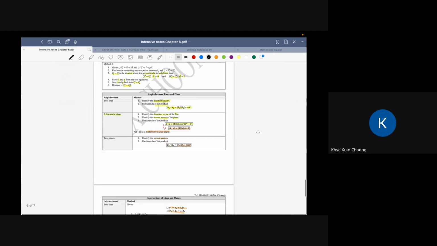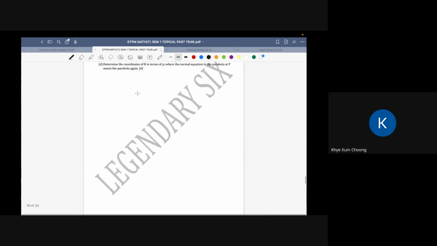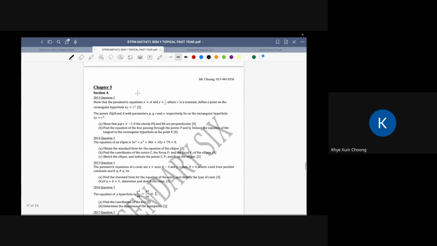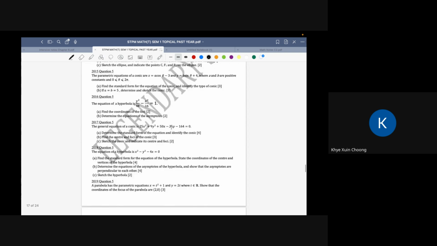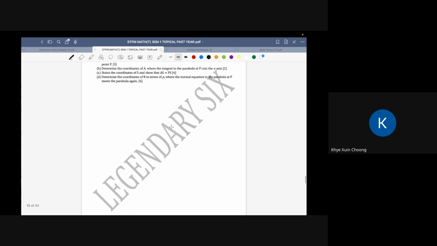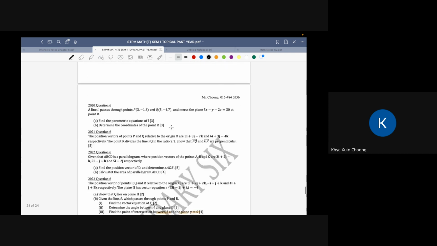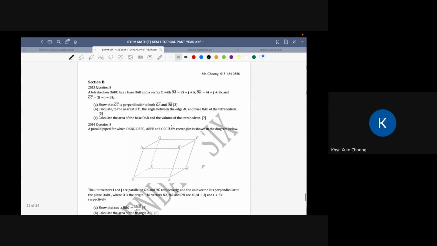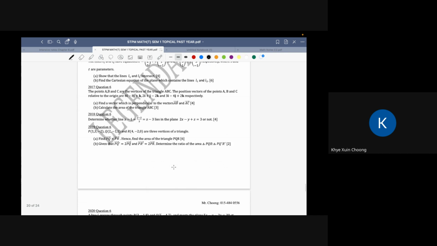So now we are going to proceed to the past year questions. Because of the time limit, I will discuss section A first. Section A is the question that you must do, you cannot choose.